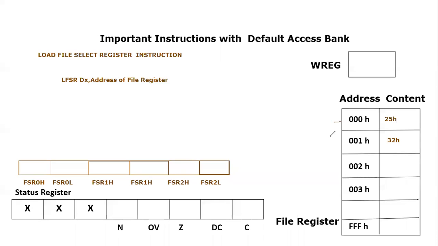You know that there are many file register values present in file register. For example, I'm interested to point this address, right? So this address, which is 000, can be stored in file select register.